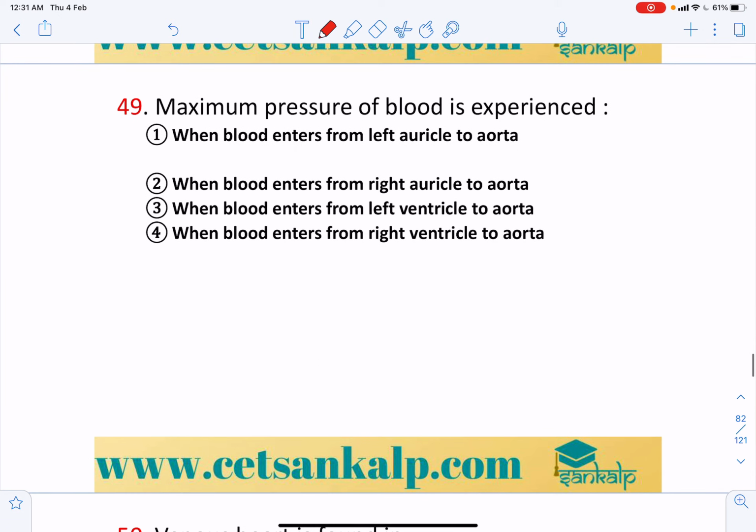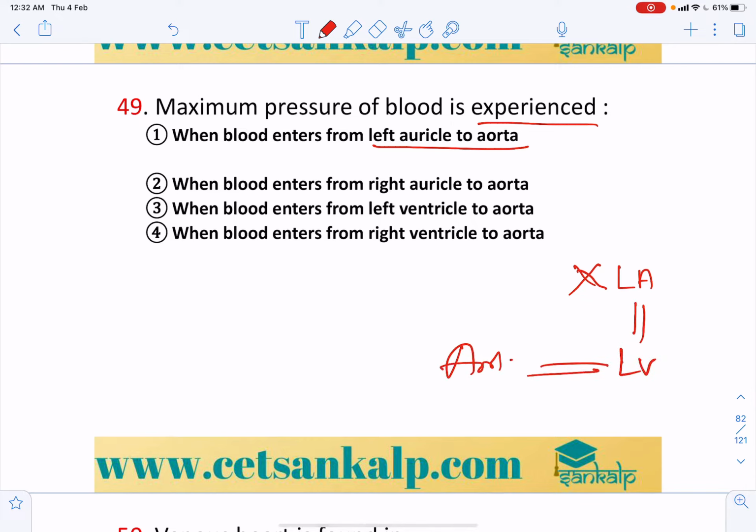Next, maximum pressure of blood is experienced when blood enters which? From left auricle to aorta, no movement is there. Left auricle goes to left ventricle and then to the aorta, so that is wrong.